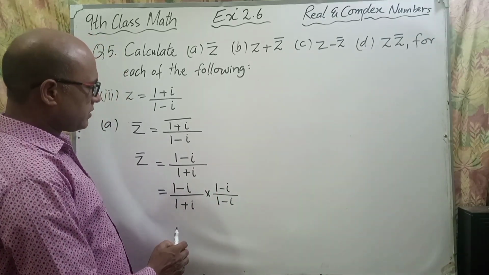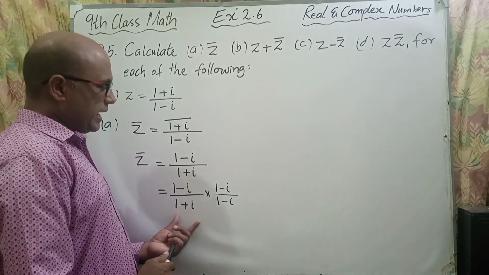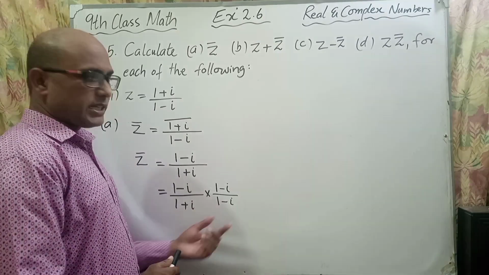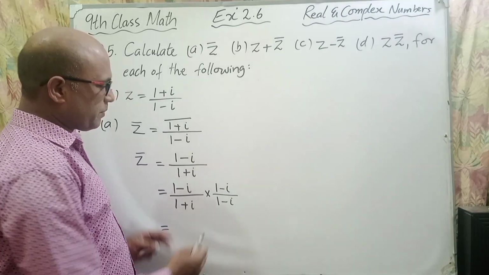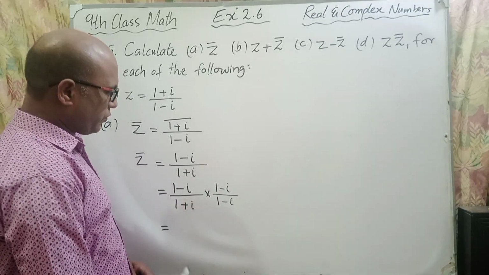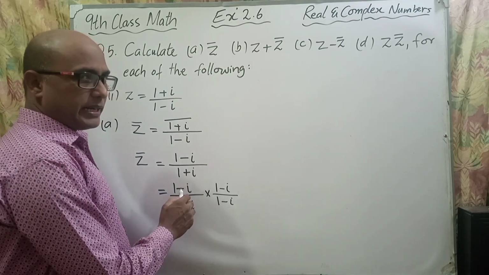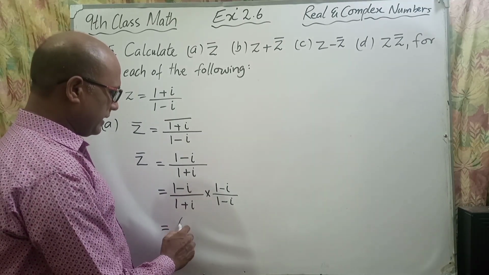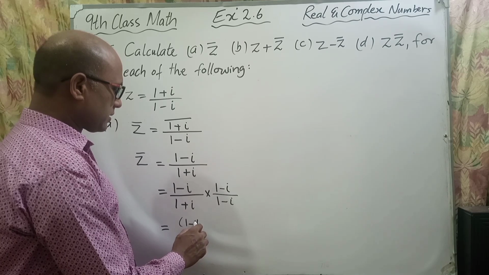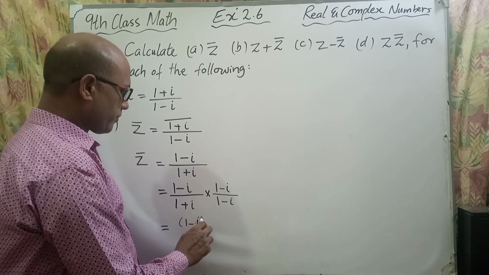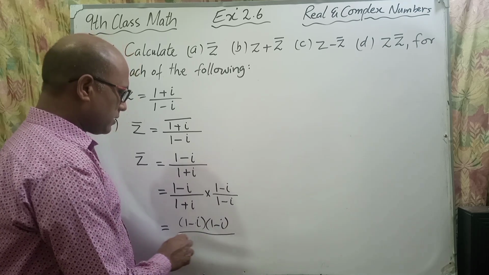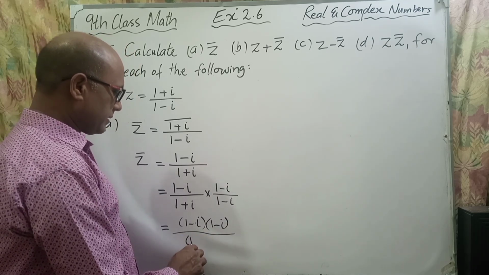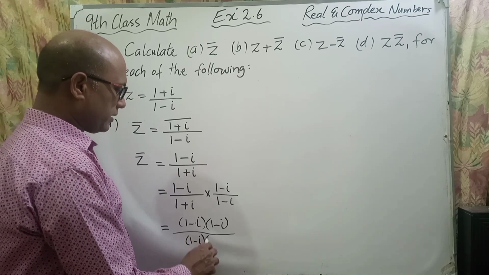So students, now we have done the method of rationalization, and in the next step we'll multiply these two fractions. Numerator will be multiplied by the numerator and the denominator with the denominator.